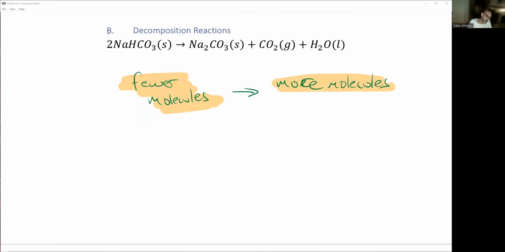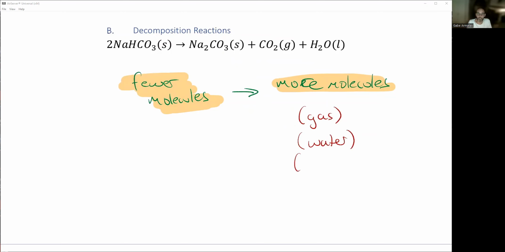Okay, so a decomposition reaction, what we see in the demonstration here is I have solid sodium bicarbonate, and this is actually part 2 of the reactions lab. And you're producing sodium carbonate as well as CO2 and water. So typically what you're going to see is the production of a gas molecule or water, in its liquid state.